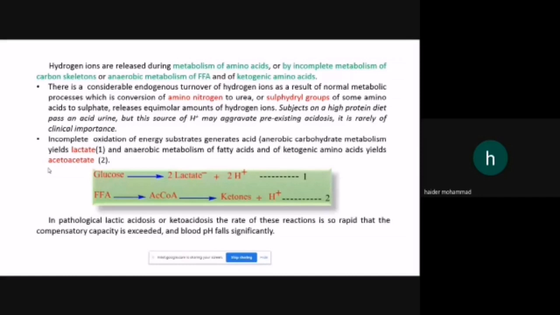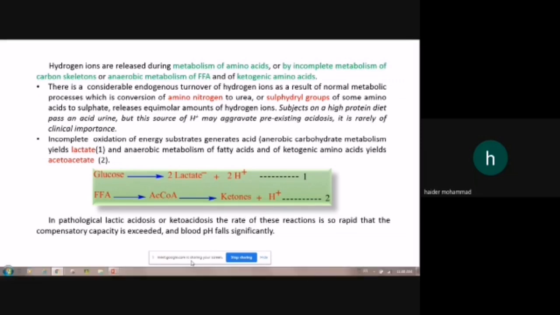In pathological cases, lactic acidosis or ketoacidosis, the rate of these reactions is so rapid that the compensatory capacity is exceeded, so the acid increases and the pH falls significantly, to a very low level.